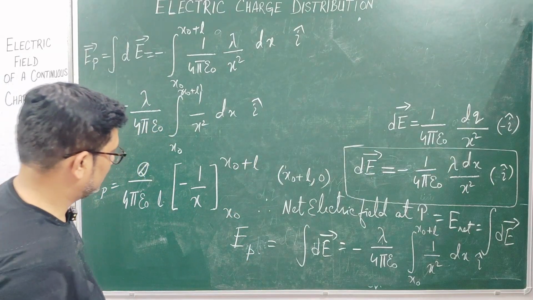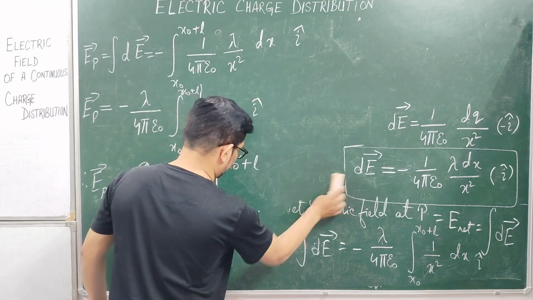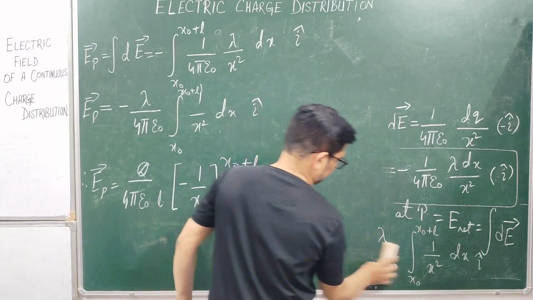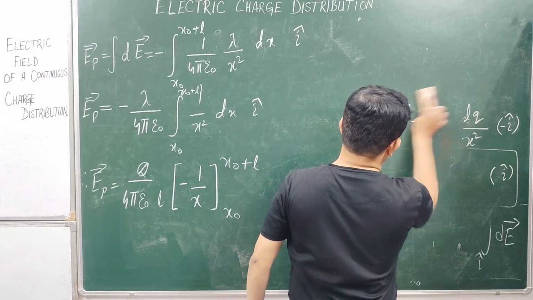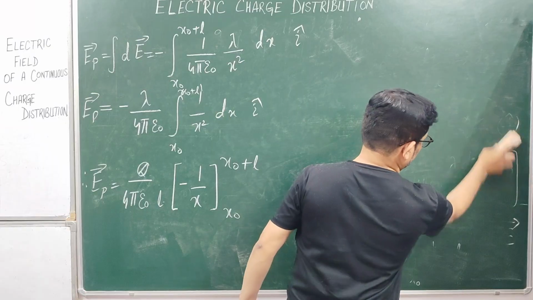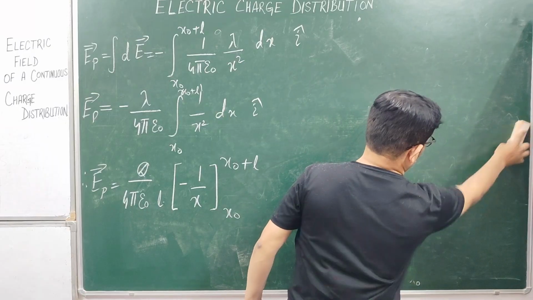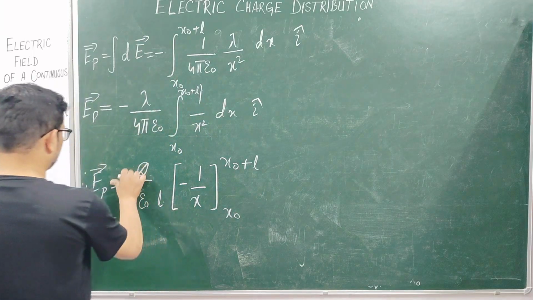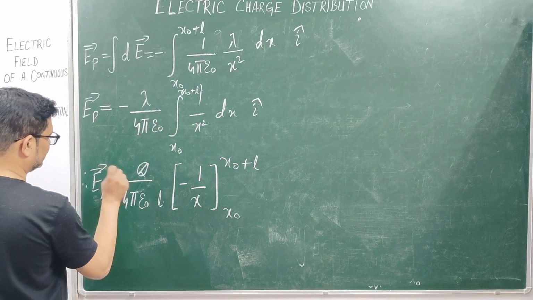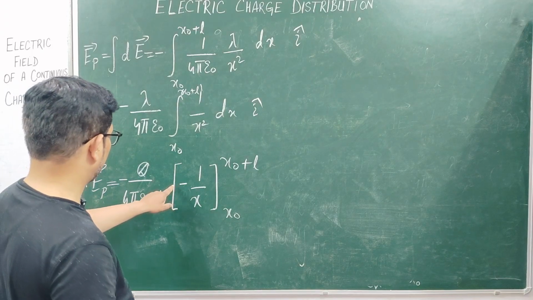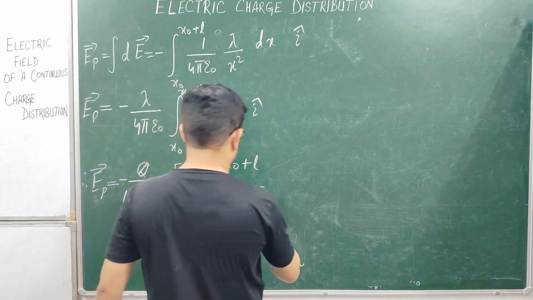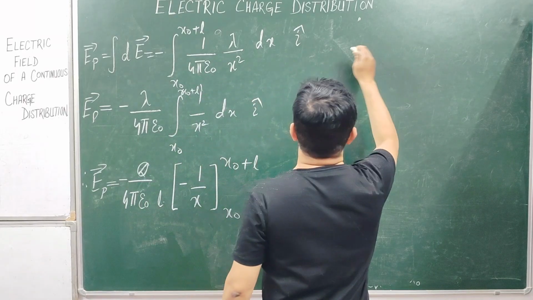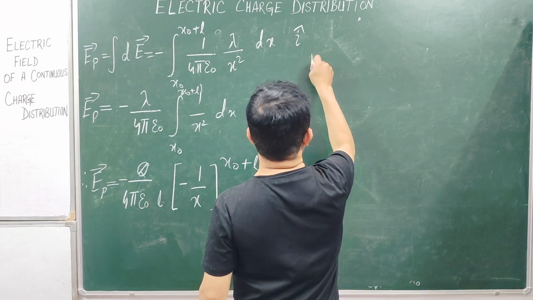Okay, so let's continue to integrate and get the final expression. We also have a minus sign from the previous expression, so we'll keep that minus sign. So it comes out to be EP.